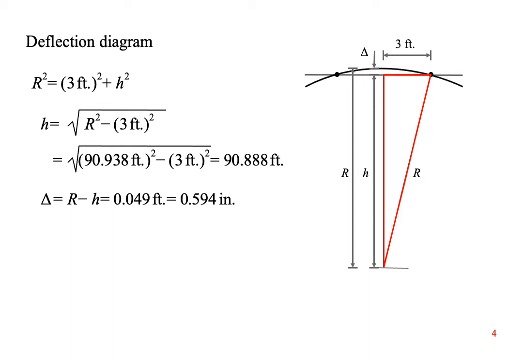At the midspan, delta is r minus h, where h is one leg of a triangle that has the radius of curvature as its hypotenuse. The other leg of the triangle is half the distance between the supports of the beam. Use the Pythagorean theorem to find h, then subtract it from r to find the deflection at the midspan. This beam is deflecting a little less than 5/8 of an inch.